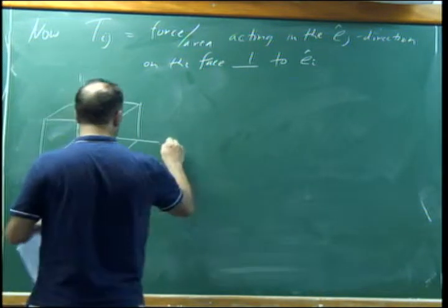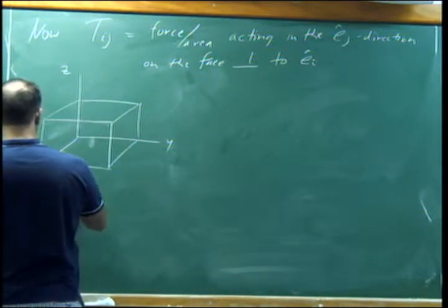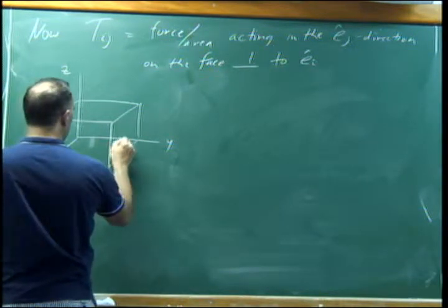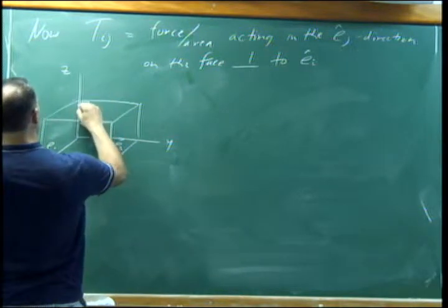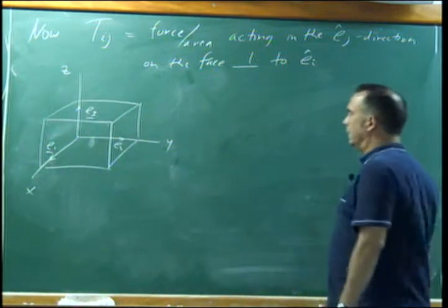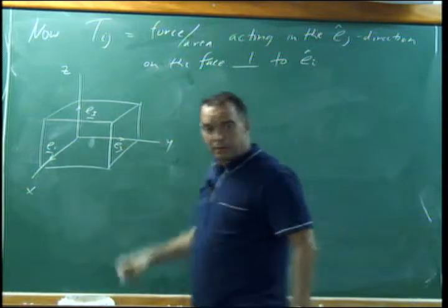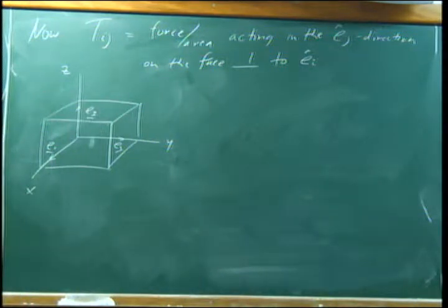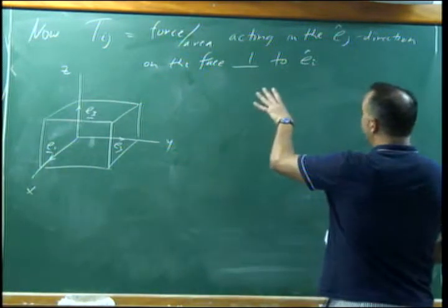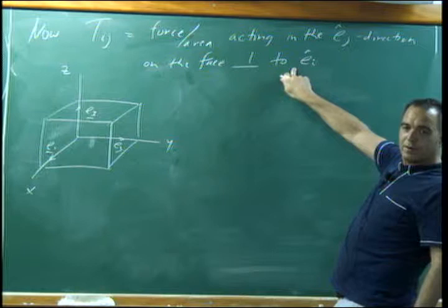Okay, so this is X, Y, Z. So E1 is in the... so these are unit vectors in the three principal directions, X, Y, and Z. Okay, so Tij's then, this is force per unit area acting in a particular direction on the face perpendicular to another.